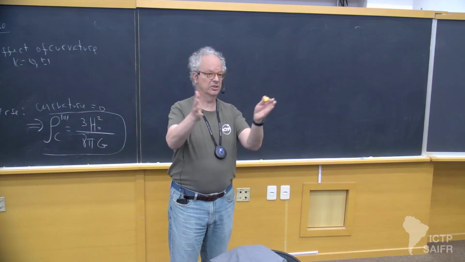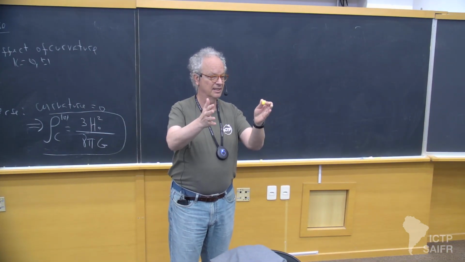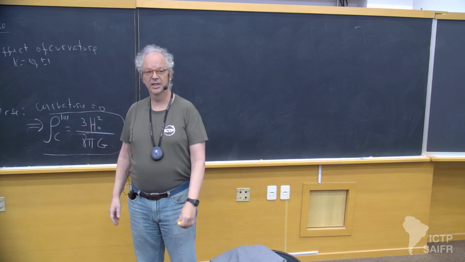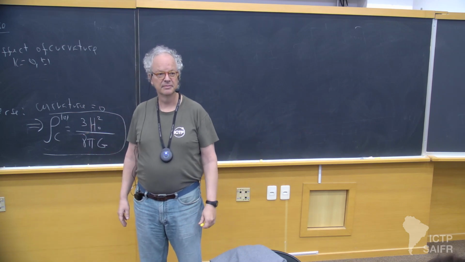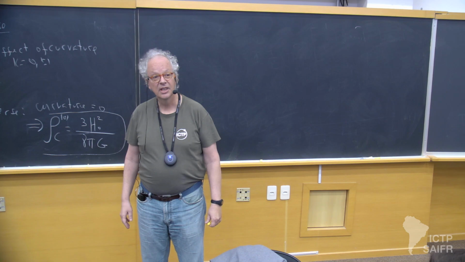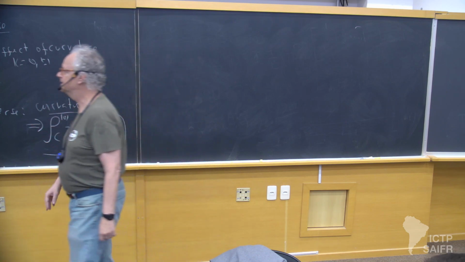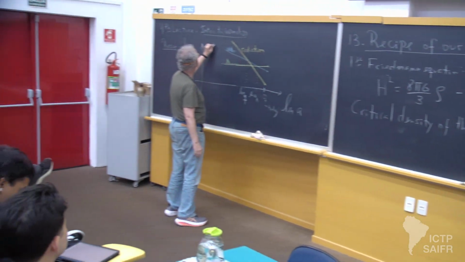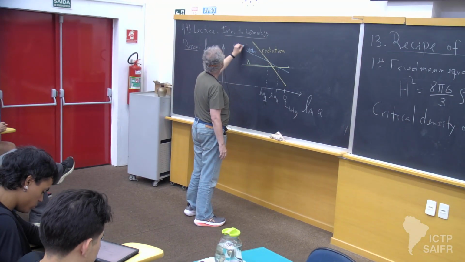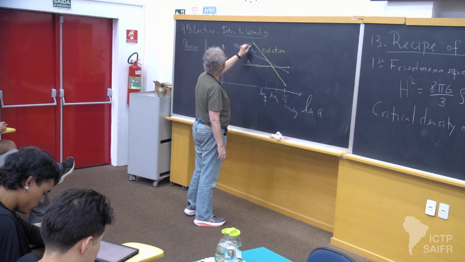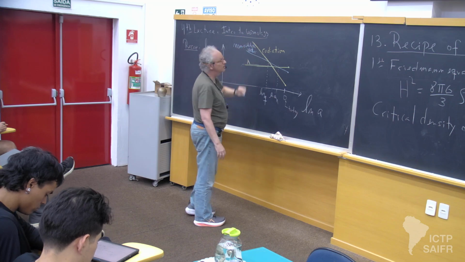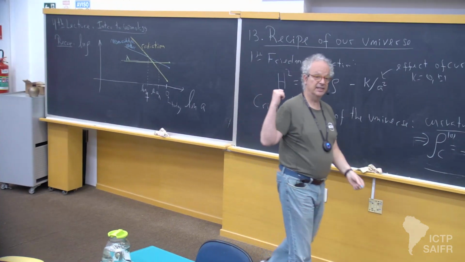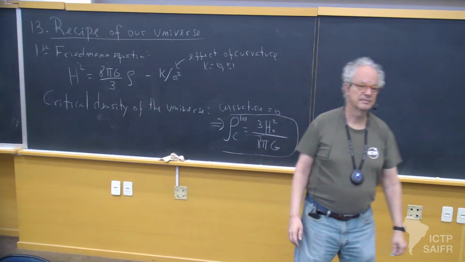Just think of non-relativistic matter in a box, and if you expand the box, the density decreases as the volume. That's why it's a to the minus 3. So any non-relativistic matter, be it dark matter or atoms, the density behaves like that. Thank you.